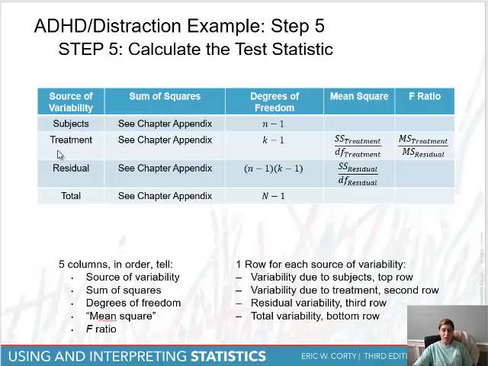And in the repeated measures ANOVA, you still have the total amount of variability. And from that, we can see the variability due to the treatments, but then the variability due to error is parsed out further into variability that's due to the subjects, and then the variability due to residual or the error. So we have just a little more detail there.